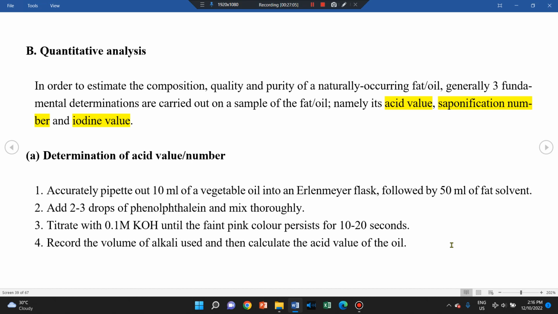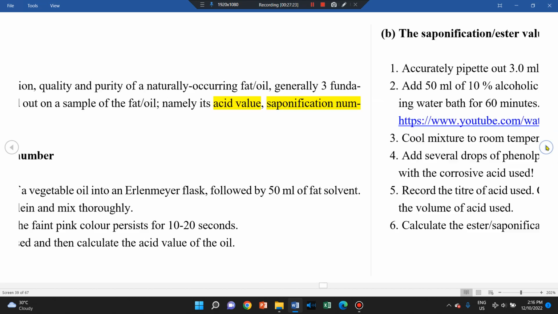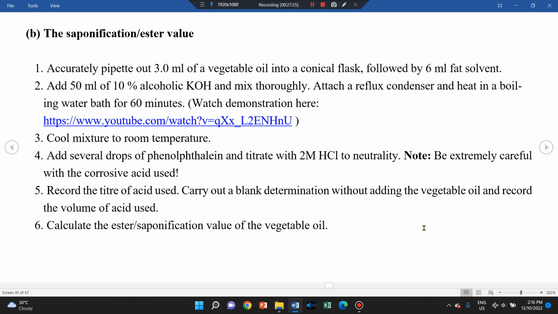Based on our experience, you don't need to do that. One time will do, and make sure that one time counts to know the endpoint. Okay, so you record the volume of alkali used, and then you can use it to calculate the acid value. Find out how to calculate the acid value.